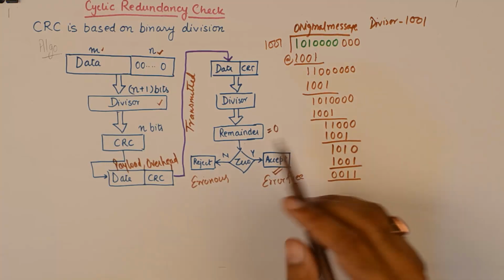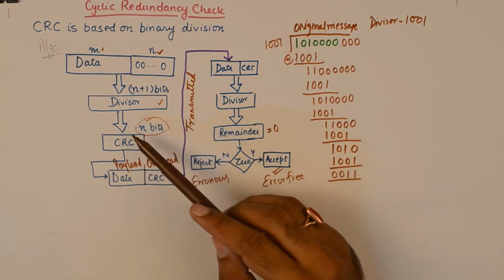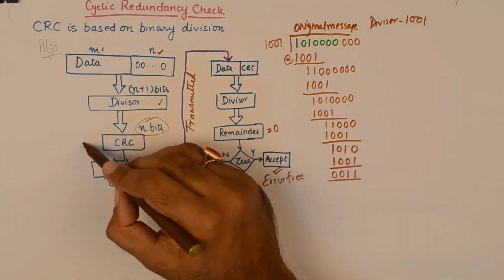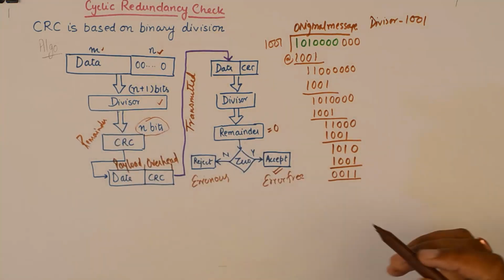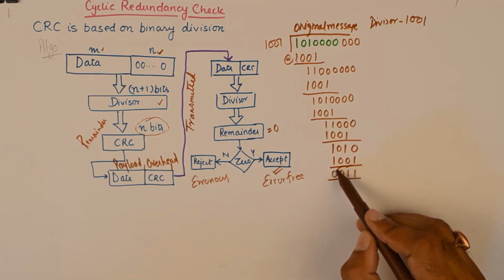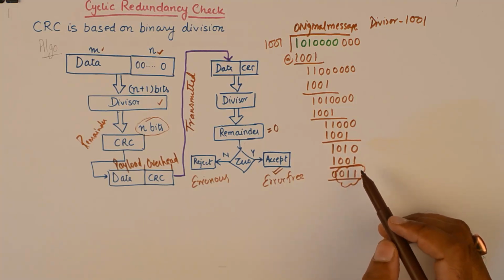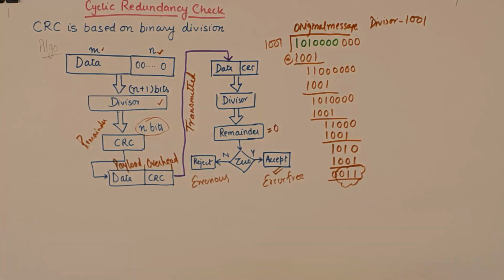Now what we need to do is take out n bits from the remainder as suggested by the algorithm. So we'll take these 3 bits and we'll put them next to the data as CRC.